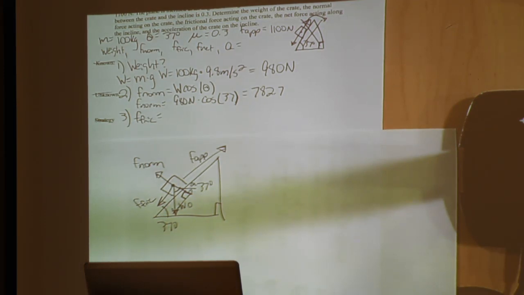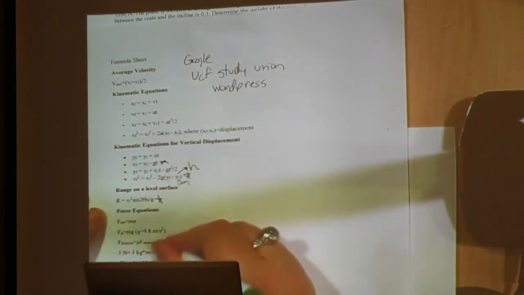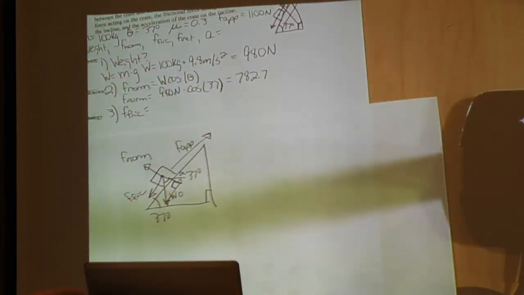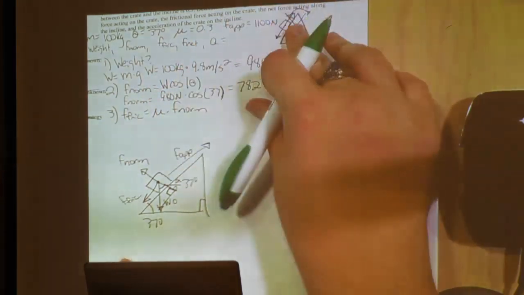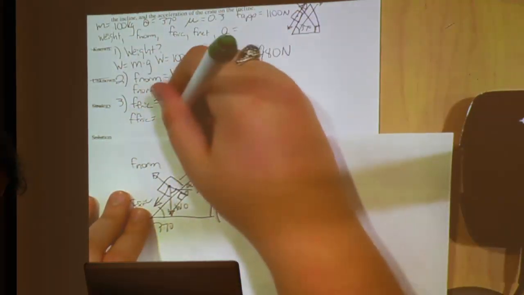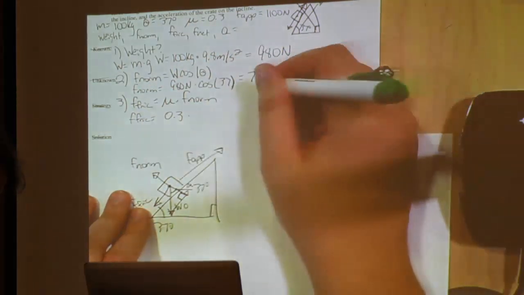Good, yeah, there is a formula. So it's this one. Yeah, so we can use this formula right here, which is the force of friction is equal to mu times force normal. We already calculated our force normal, so it should be pretty easy to calculate this times force normal. So we would have the force of friction is equal to mu, which is 0.3, times the force normal, which is right here.